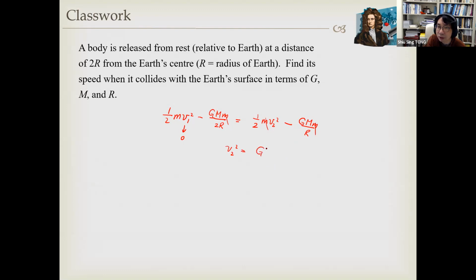So you now have GM over R. You take the square root of this, you have V2 equal to the square root of GM over R. And that is the answer. Okay. Any problem for this question?